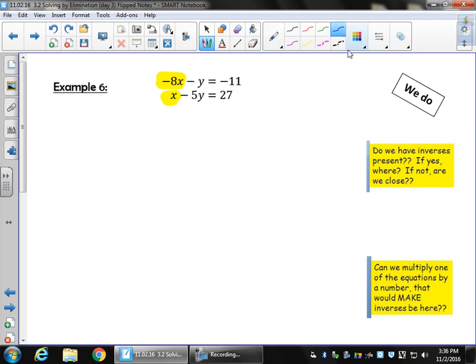But can we make that happen? Yes, we can. What's the easiest option? Do we want to try to get inverses for x or inverses for y? Well, I already have this negative positive action happening here. Negative positive. This is negative. This is positive. So I'm going to choose to get inverses for my x values.